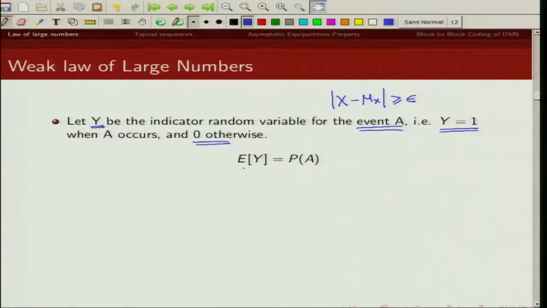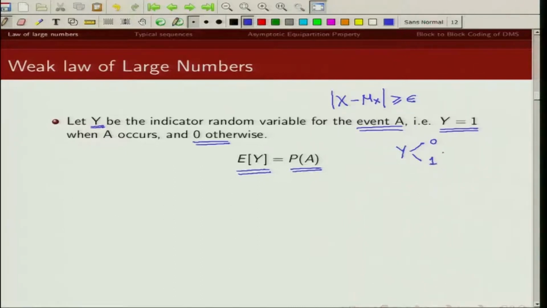So we can see that the expected value of y is given by the probability of occurrence of this event, because y takes two values, 0 and 1.